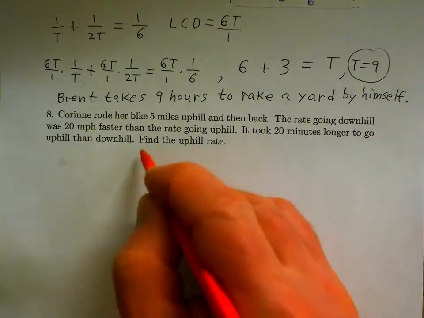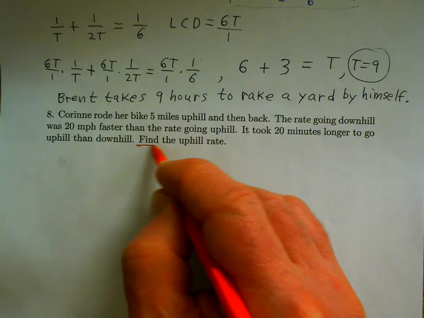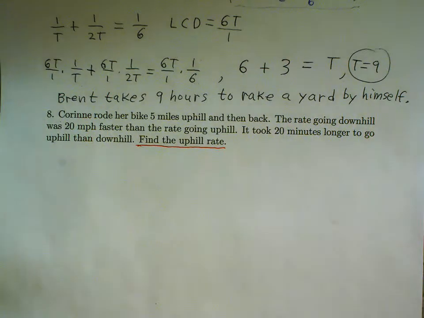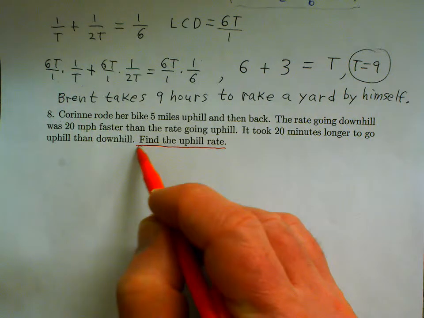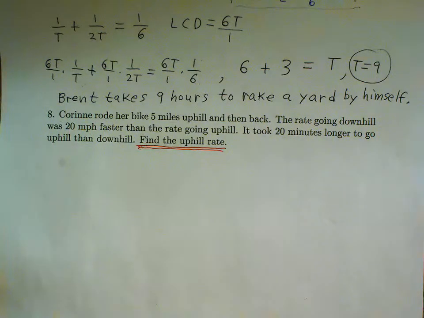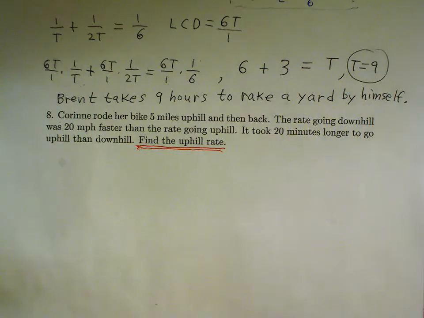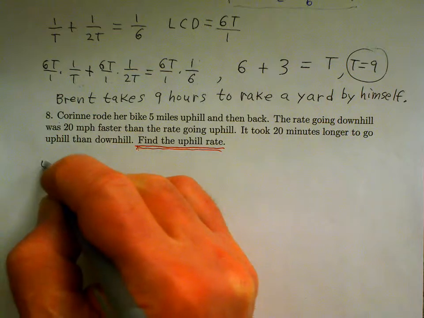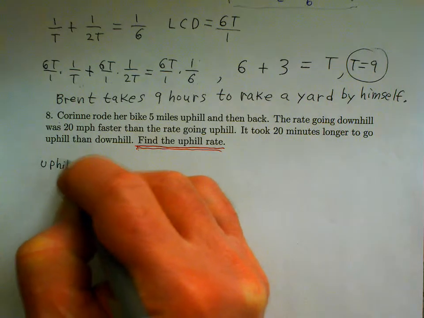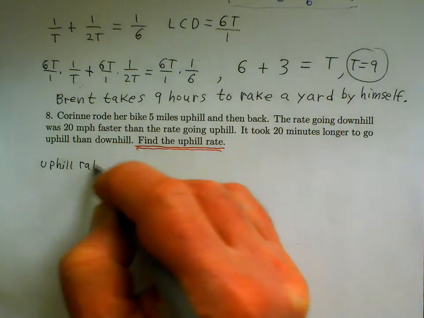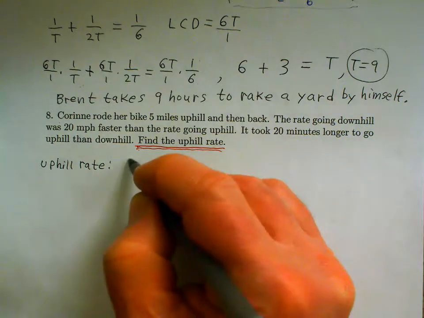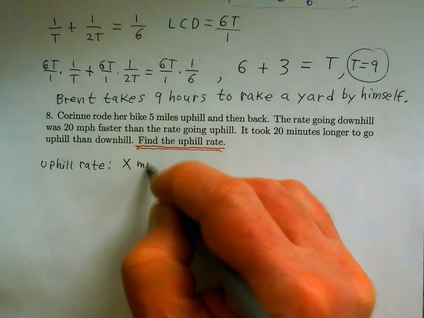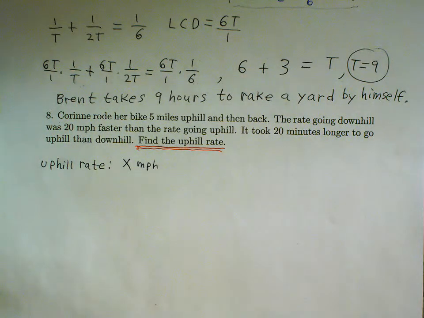Okay, so my tendency is, after reading the problem a couple of times, identify what it is I'm supposed to find, and then pick a variable to represent that quantity. So find the uphill rate. All right, so the uphill rate, I'll just pick X miles per hour for the uphill rate.